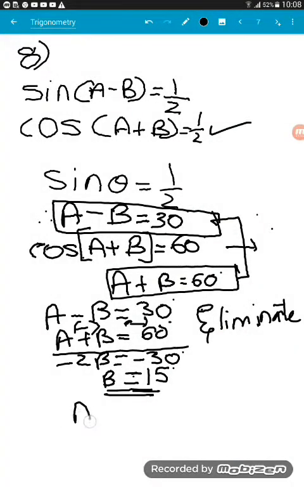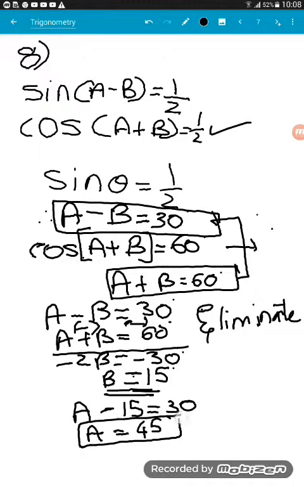And a minus b equal to 30 degree. For finding a, a minus 15 degree equal to 30 degree, therefore a equal to 45, since 30 plus 15 is nothing but 45 degree. So you got angle A, angle B. Now our question is to find A and B. So we found A and B.